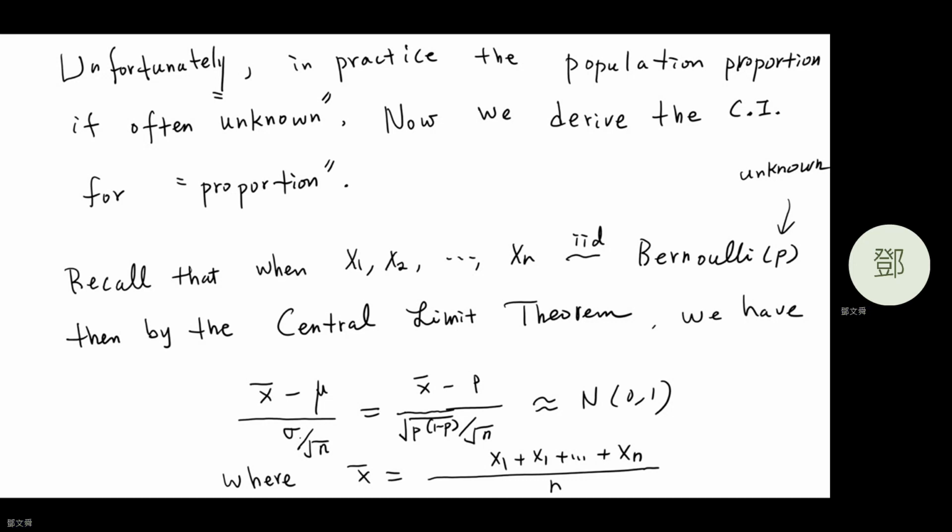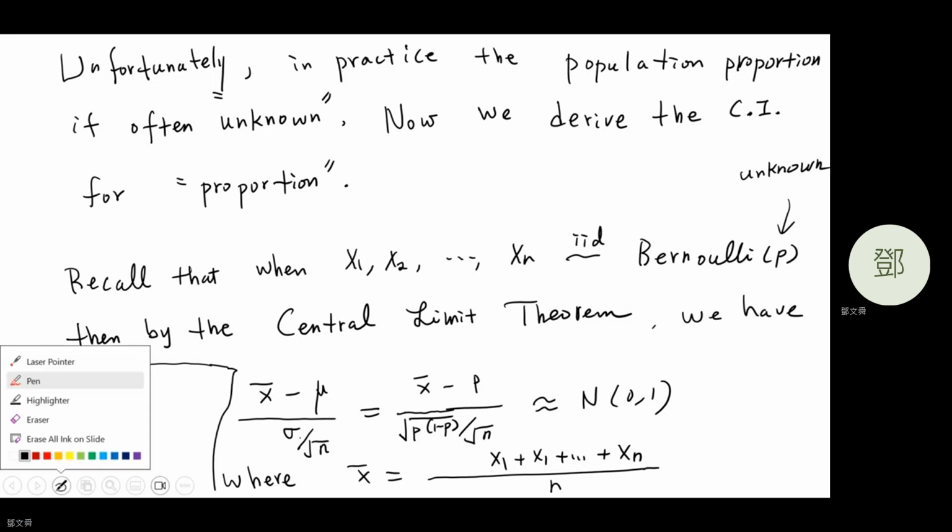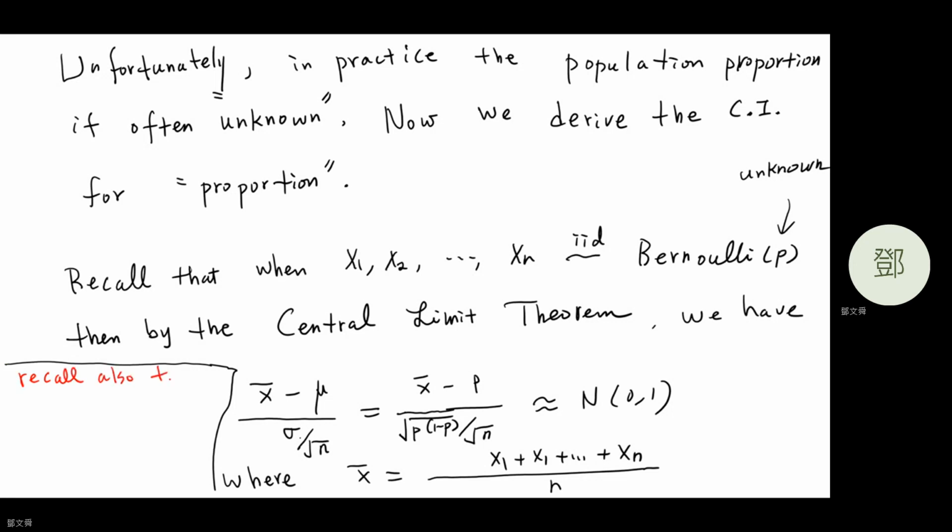See that? And now note that sigma is the product of P and 1 minus P, which is sigma squared, which is the variance of x1.